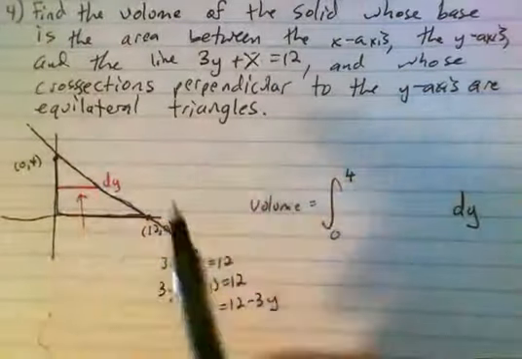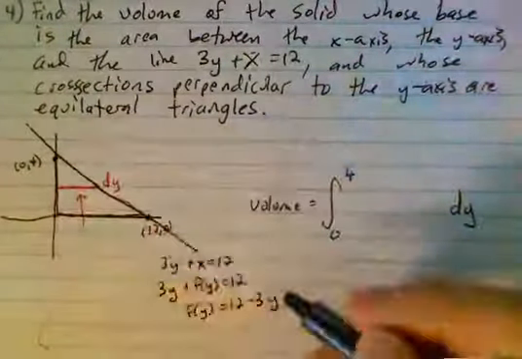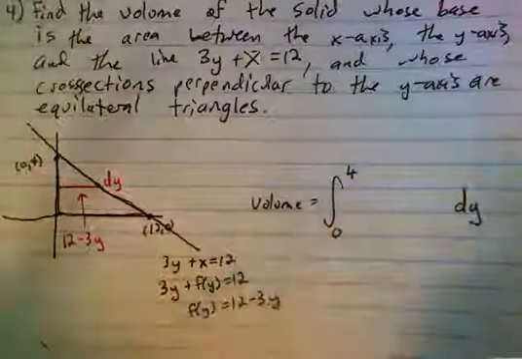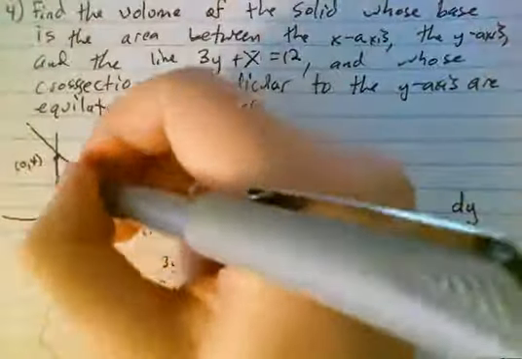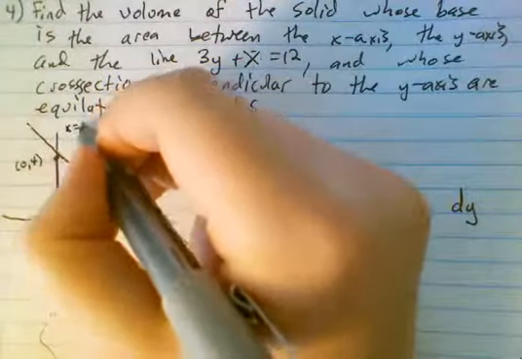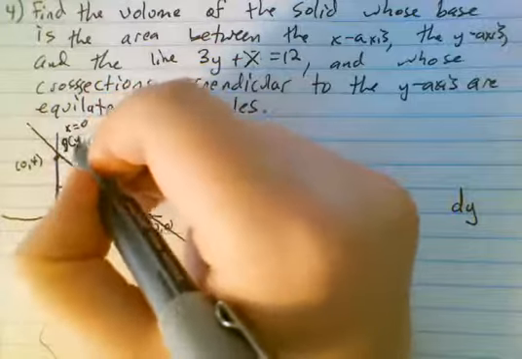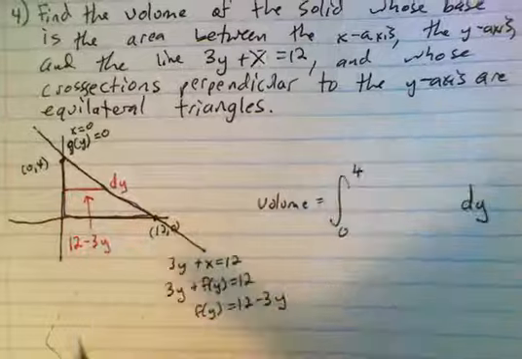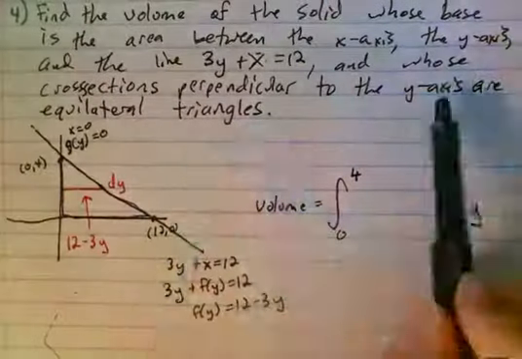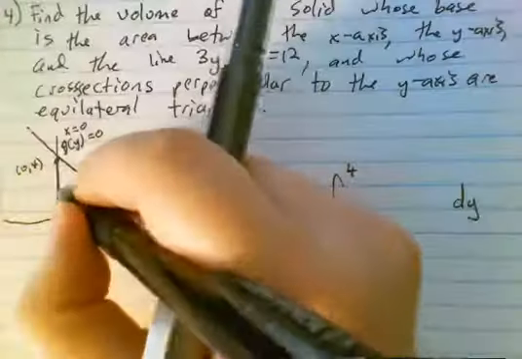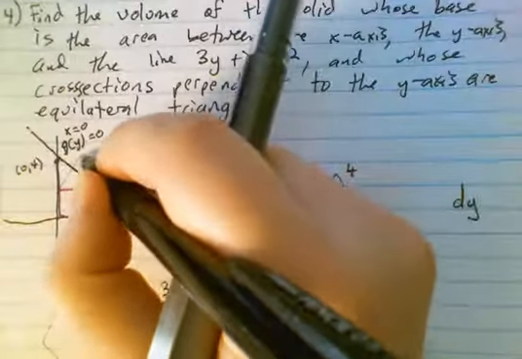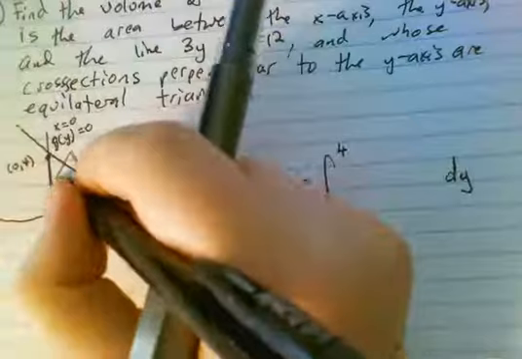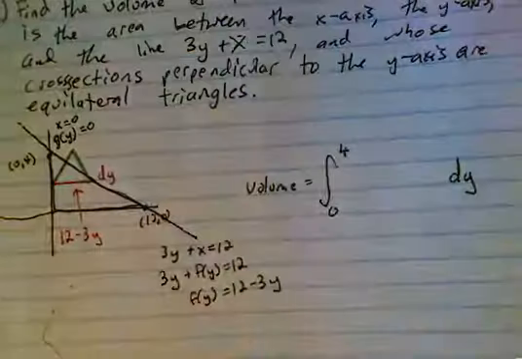So to find this area, we're going to do the right side. So that's 12 minus 3y. And then we're going to subtract this, which is just the line x equals 0, or let's call it g of y equals 0. So this is 12 minus 3y minus 0, or just 12 minus 3y. Now, cross sections perpendicular to the y-axis are equilateral triangles. So we have a nice little formula that we should have just memorized for the area of an equilateral triangle.